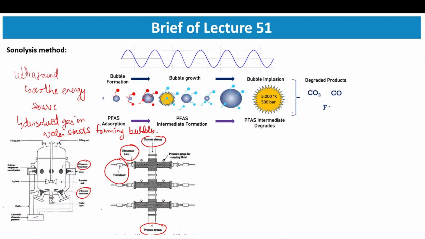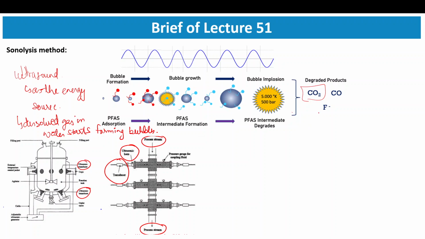So this is an example of PFAS, which is an emerging pollutant nowadays. These are fluorinated compounds, so that is why fluorine ions will be formed. Otherwise, in general, it should be CO2 formation taking place at the last, right?